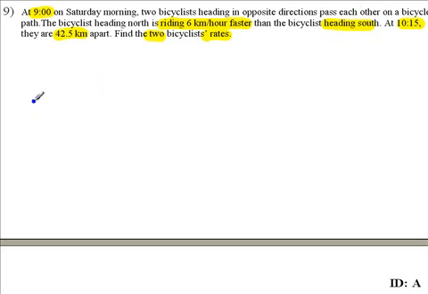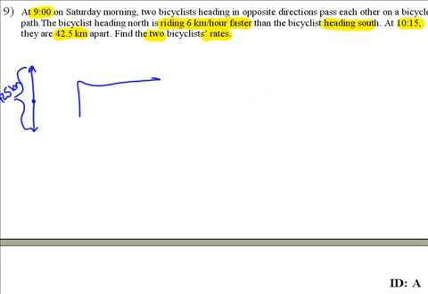They meet each other at this point. One keeps going to the north and one keeps going to the south. The one going to the north is going a little faster than the one going south, and at exactly 10:15, they're 42.5 kilometers apart.